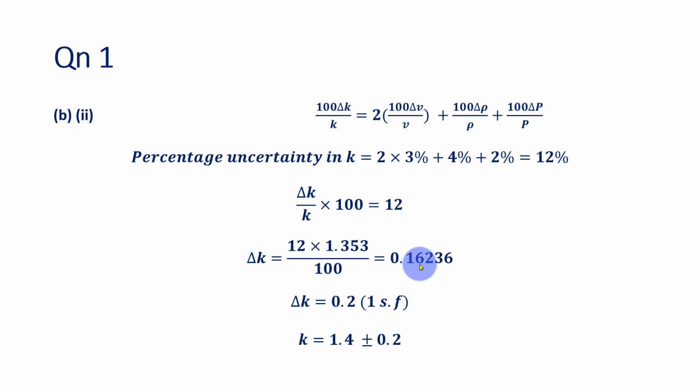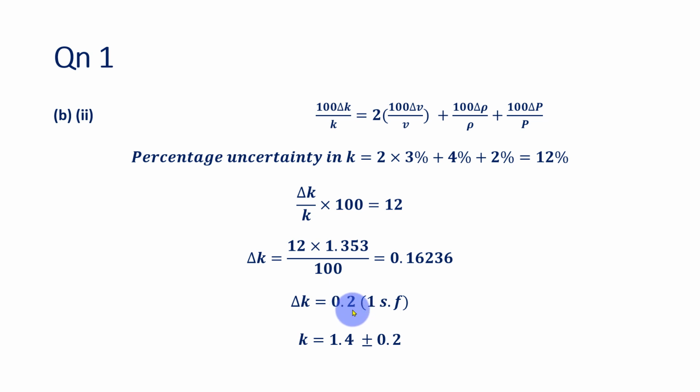If it's 5 and above, then we increase this one by 1. And that is how the absolute uncertainty in K becomes 0.2. Okay, it becomes 0.2.